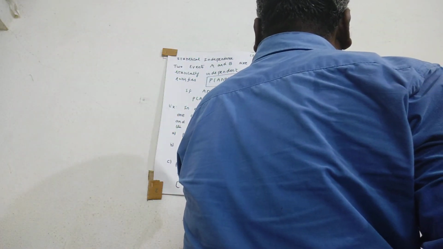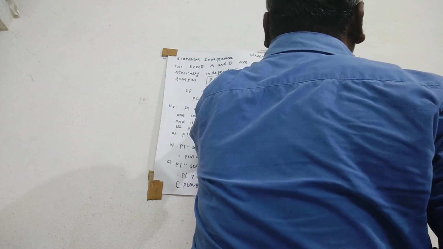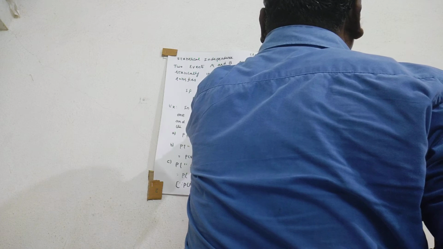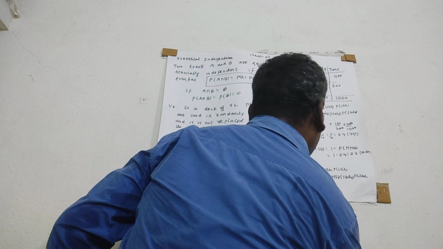Probability of hospitalized quarantine in America, how much is the figure? It is second row, first column, 500. 500 by 800. Very good.